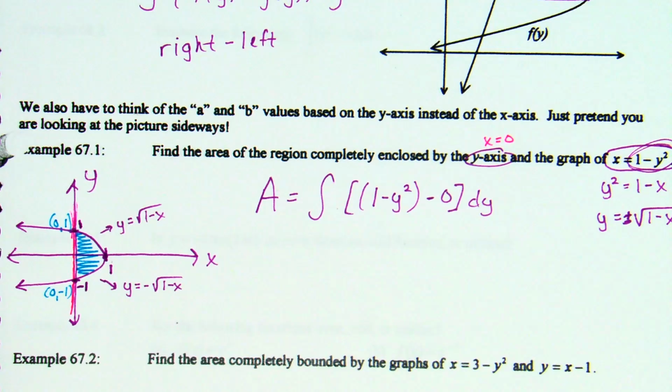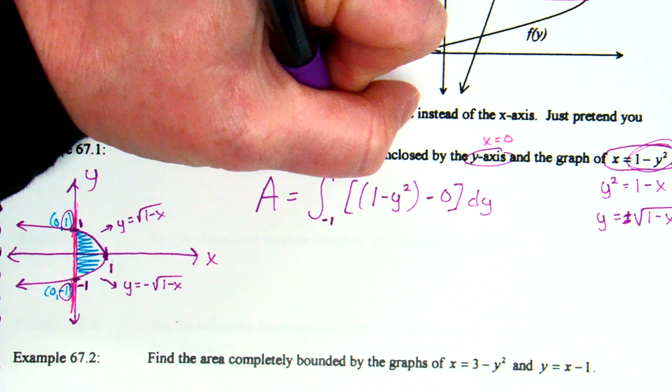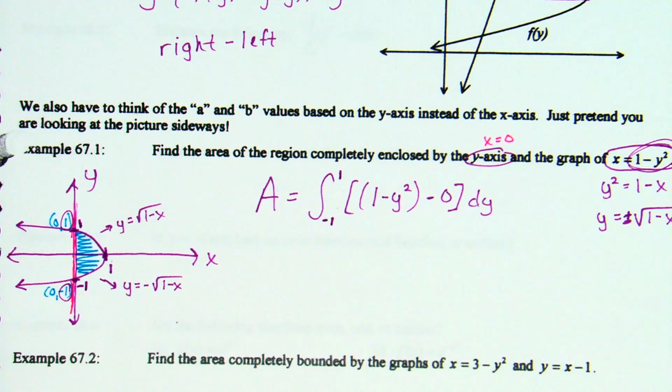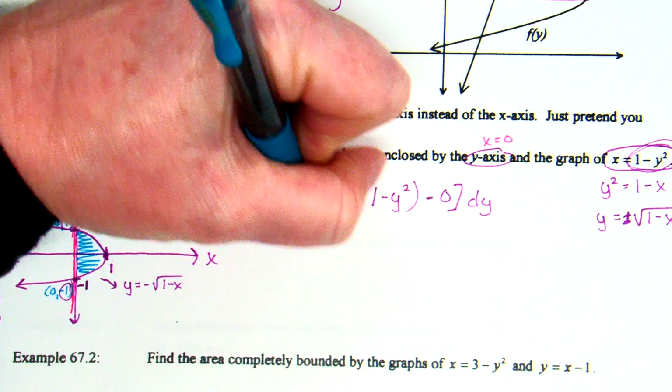You need your y values. So the y values are the -1 and 1. So the integral from -1 to 1 of 1 minus y squared minus 0 dy. And I'm going to put on here just as a reminder, these were y values. It's so easy to revert back to x values.